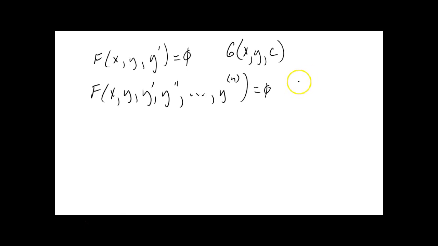So its solution could be something like G as a function of x, y, c1, c2, c3, up to c sub n. The solution is in terms of x and y, especially if it's implicit. If it's explicit, you may not even have the y in there. But you'll have enough constants to cover each of your derivatives. That's one way to express it.